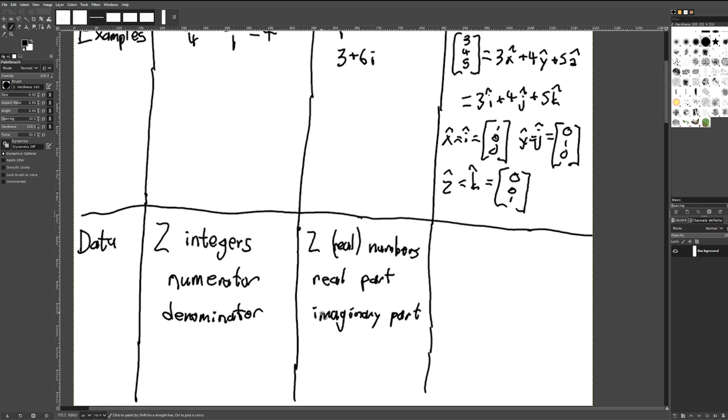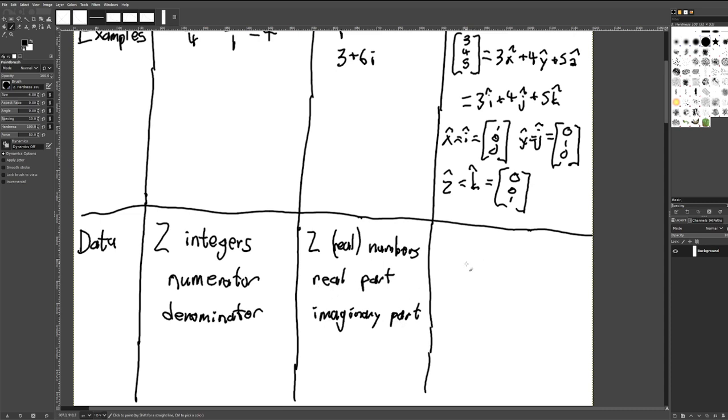So these are data structures again because they're structured data. The data is two integers for a fraction, and it's got a numerator and a denominator as the structure. For a complex number, it's two numbers of some kind, and the structure is that it has a real part and an imaginary part.